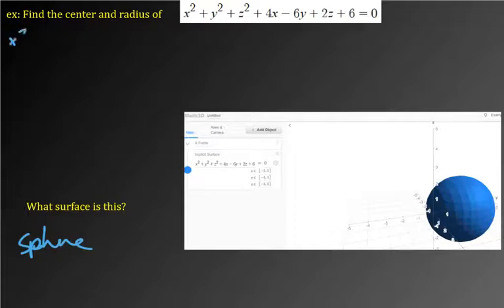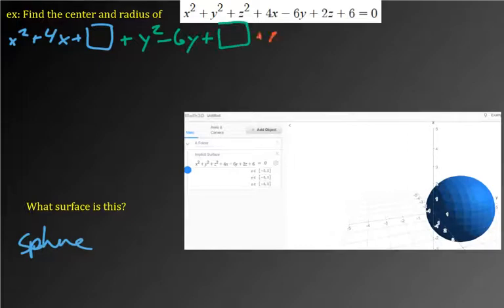I'm going to do x squared plus 4x, and I'm going to leave a little blank here. And then plus y squared minus 6y, and leave a little blank here. And then plus z squared plus 2z, and again leave a little blank. And I'm going to move the 6 over because I don't need that to complete the square. I only need the variable terms, okay?